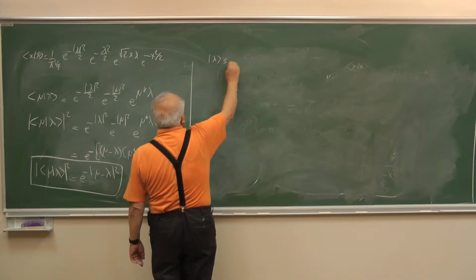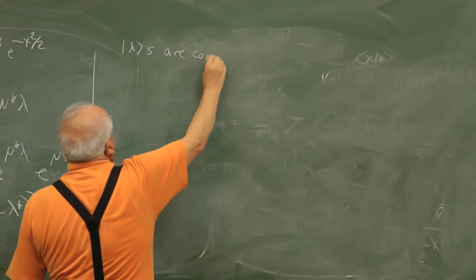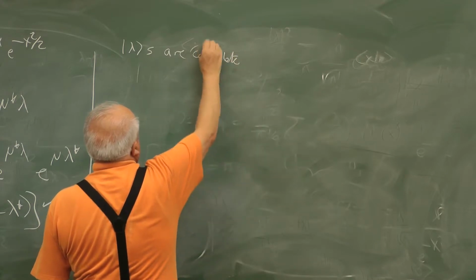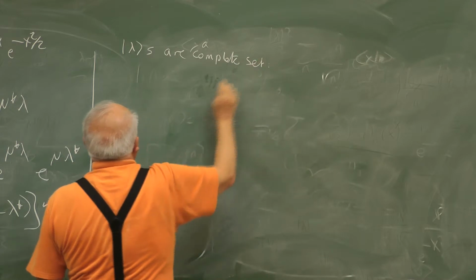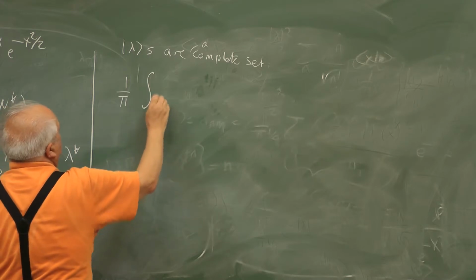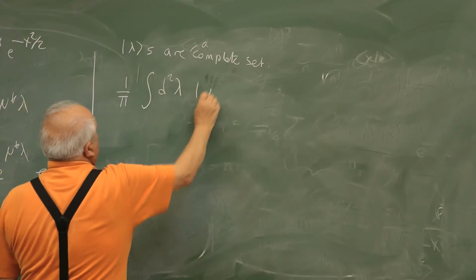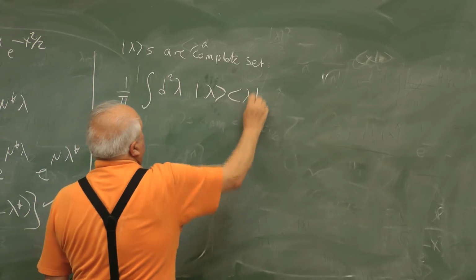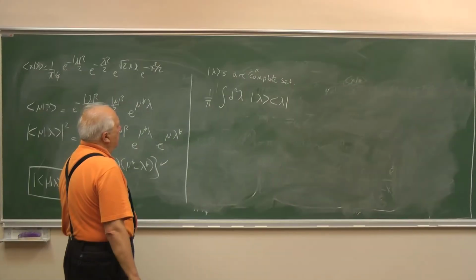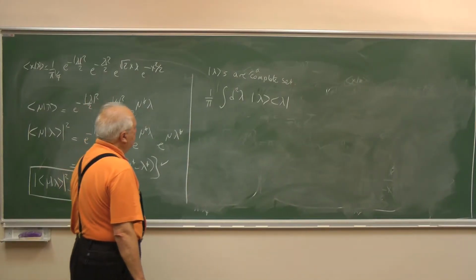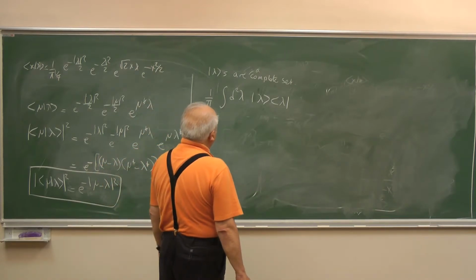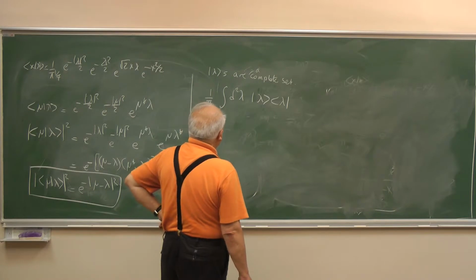We mean this: 1 over pi, integral d square lambda, lambda lambda, is a unity operator. That's what we mean. It covers the whole space. So let's see that we can compute this one.